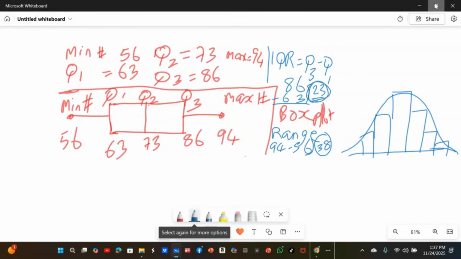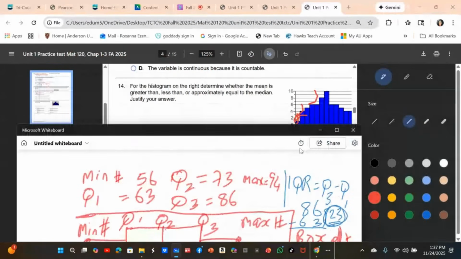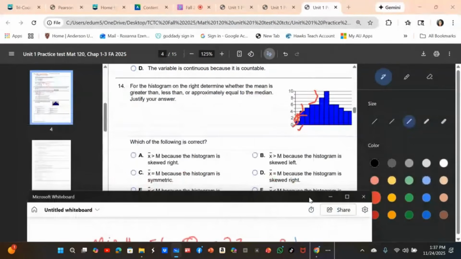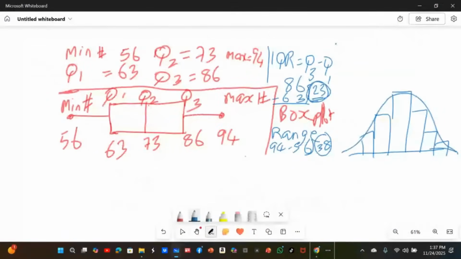So I can actually say that the mean for the histogram on the right is approximately equal to the median. Because the histogram looks approximately normal, I'll say that the mean is equal to the median.